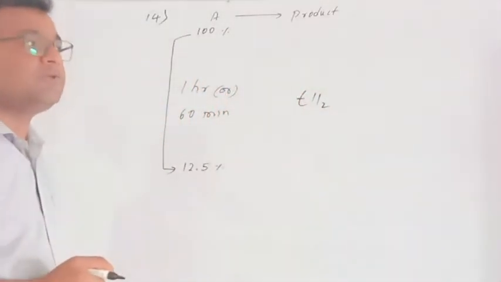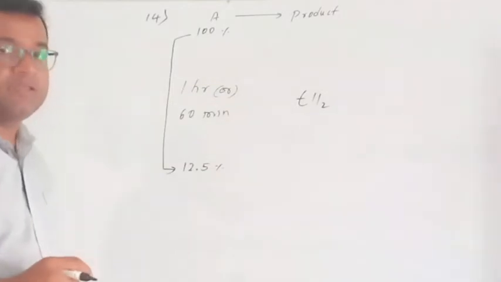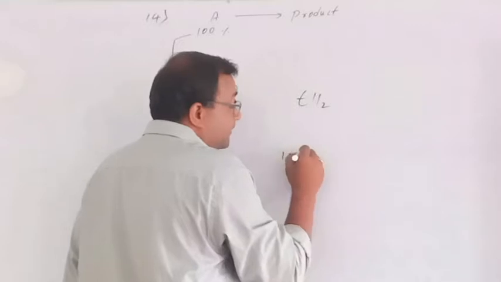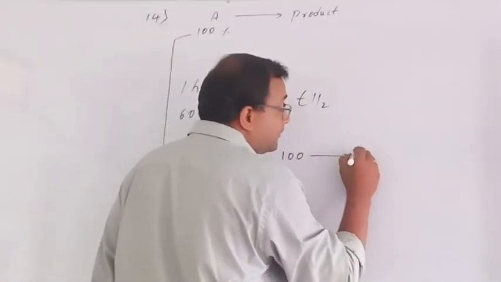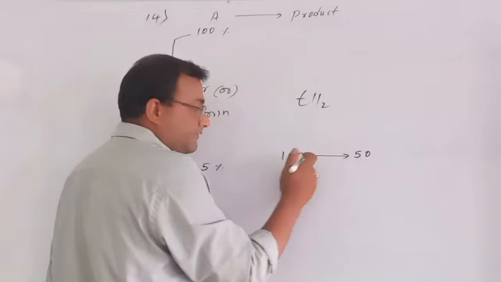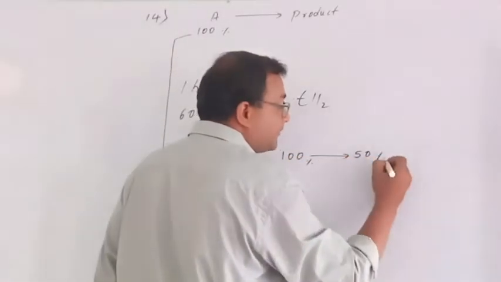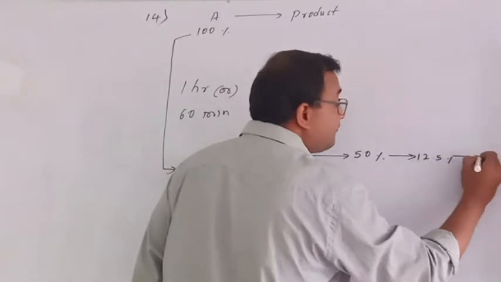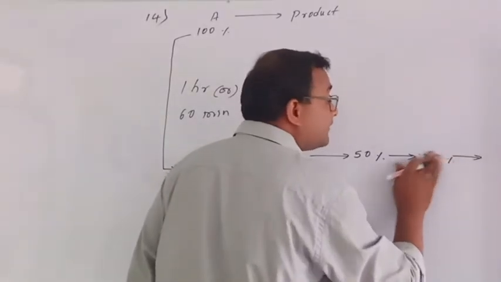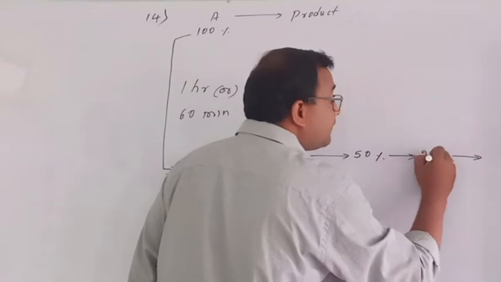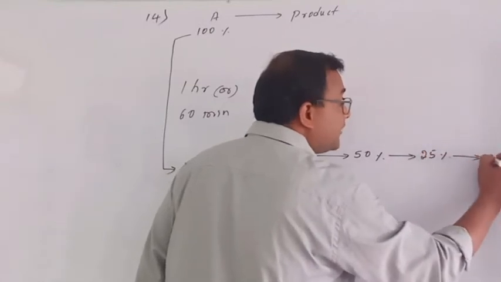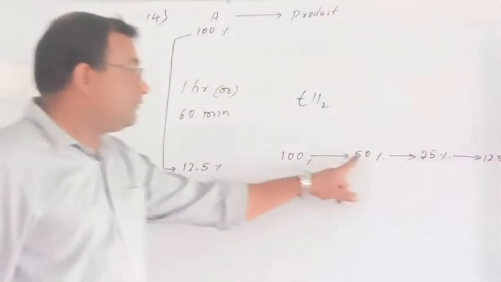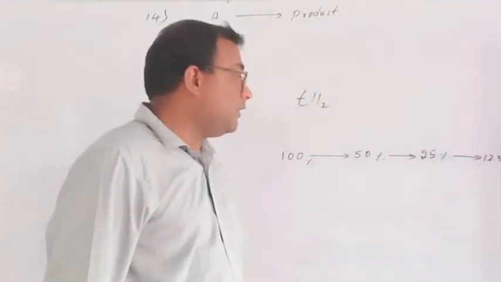I told you there are 2 methods you can solve it with, but we will go for the easy, tricky method. 100% converted into 50%, 50% to 25%, and 25% to 12.5%.